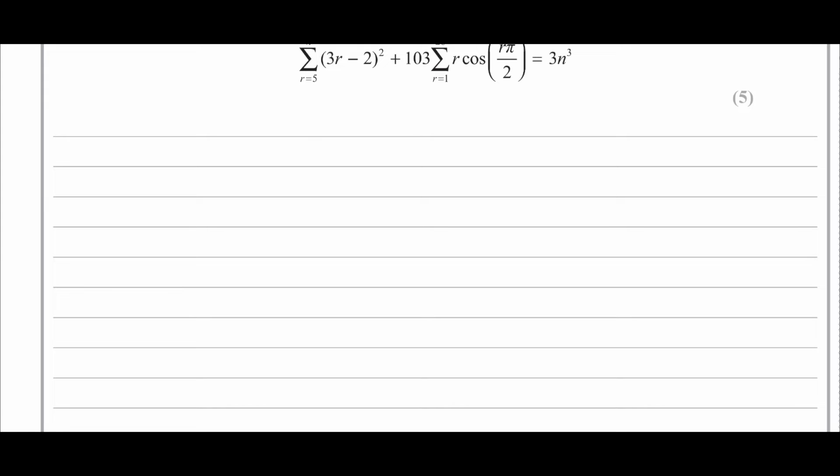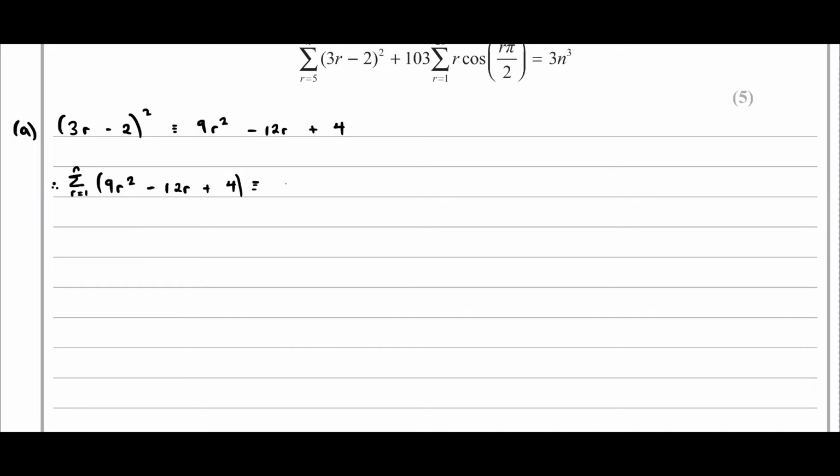So, first of all, part A, we've got this (3r minus 2) squared, and this is equivalent to 9r squared minus 12r plus 4. So we can conclude over here that the sum from r equals 1 to n of 9r squared minus 12r plus 4 is what we want to work out.